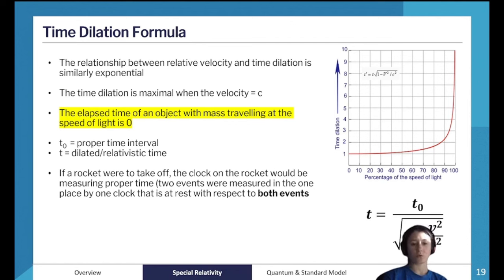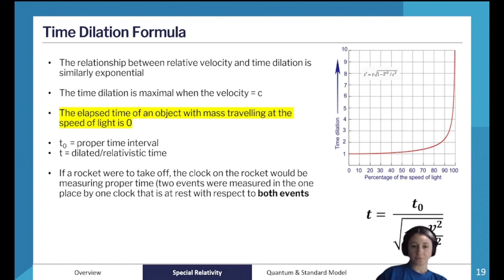T naught is the time that you would measure if you had the reference frame in which the object wasn't moving, so if you were on the rocket. And T is the relativistic frame, the one in which you're seeing that rocket move.